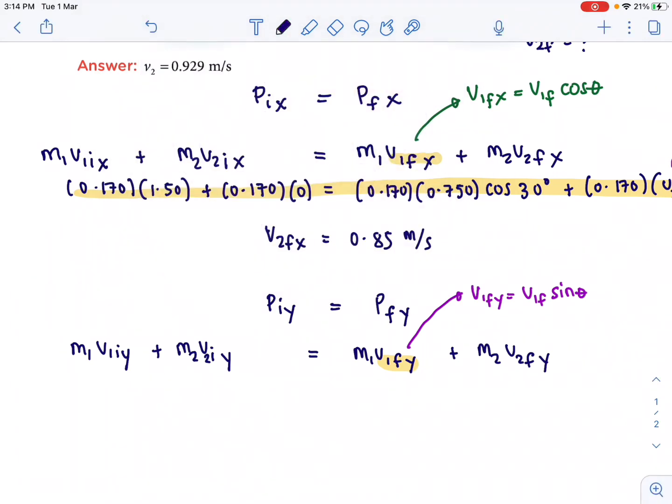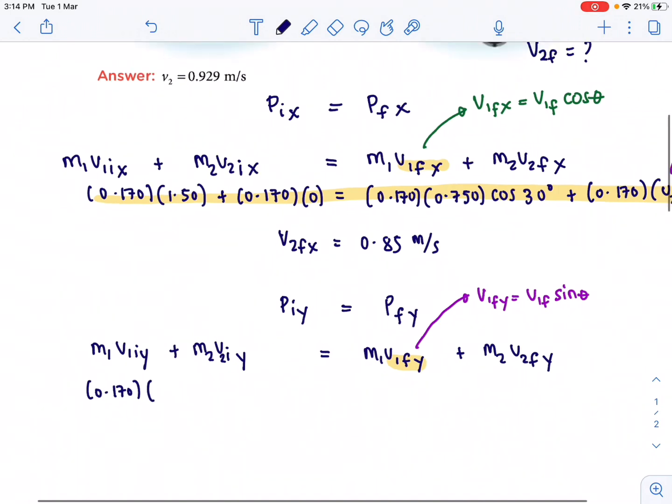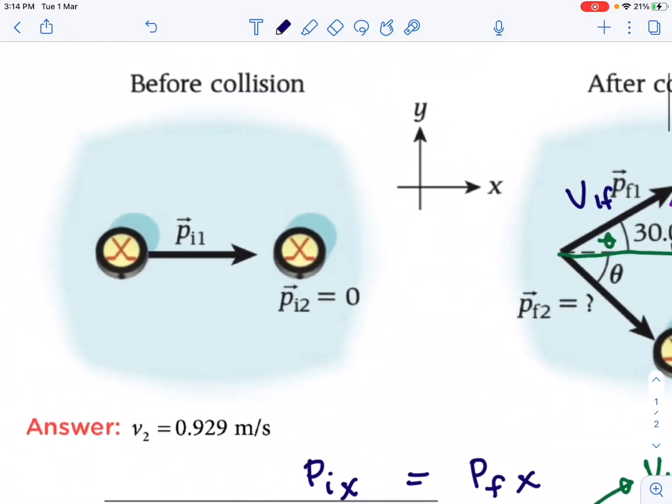We have M1 is 0.170 multiplied by the initial velocity of mass 1 on the y-axis. Now if you notice, mass 1, this is our puck 1, is actually just moving horizontally. So if it's moving horizontally, it does not have a y component in its initial velocity.